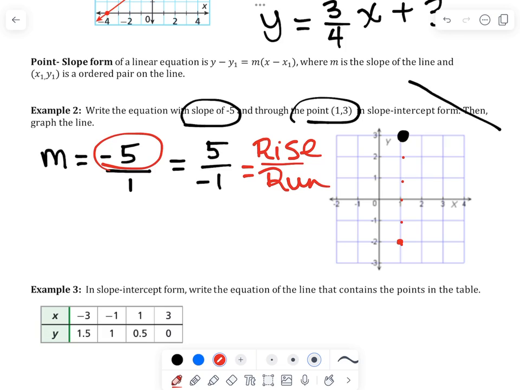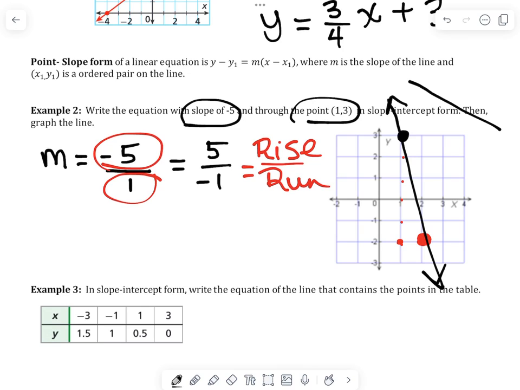And I'm going to run positively 1 to the right. So this is my second point. Now I'm going to go ahead and connect the line. So that's the graph of that line.